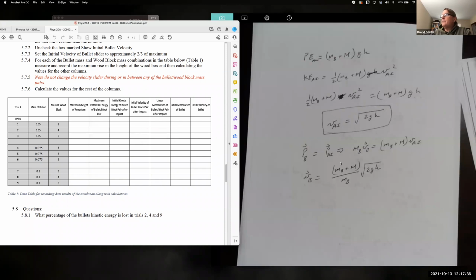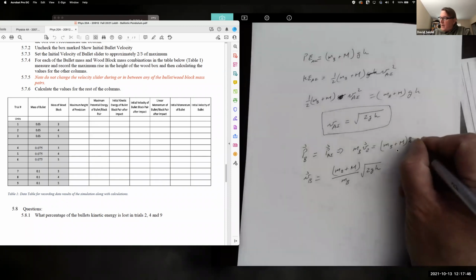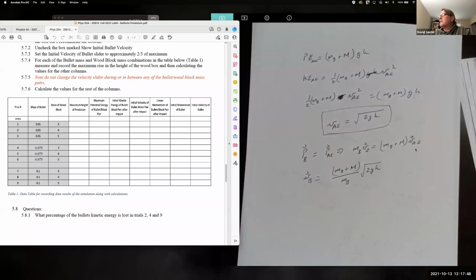Linear momentum tells me that the mass of the bullet times the velocity of the bullet before impact is equal to the mass of the bullet plus the mass of the block times the velocity of the pair after impact. That's conservation of linear momentum right here. I gave you the initial velocity.